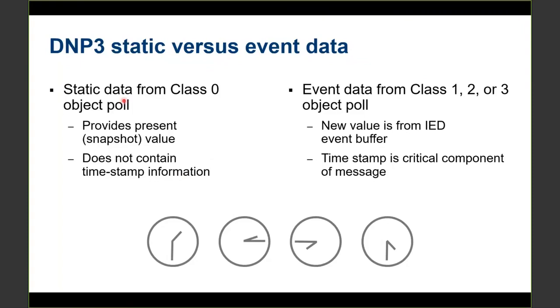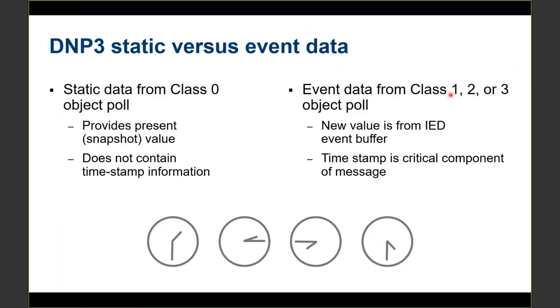But in this case, when the relay has new events, it accumulates these events in the buffer. So that's why the recommendation is to combine and try to get the events from the relays by using unsolicited messages or polling class 1, 2, or 3.